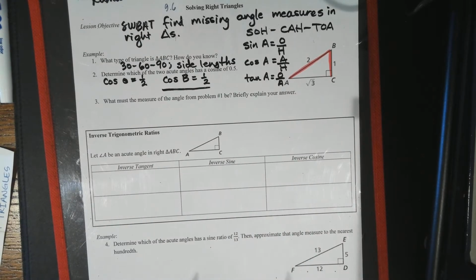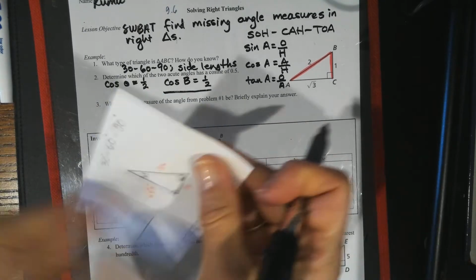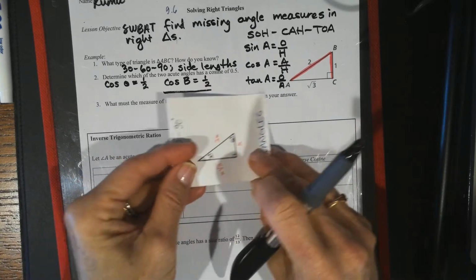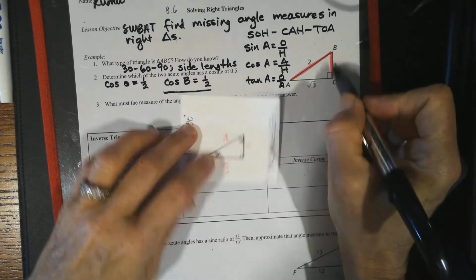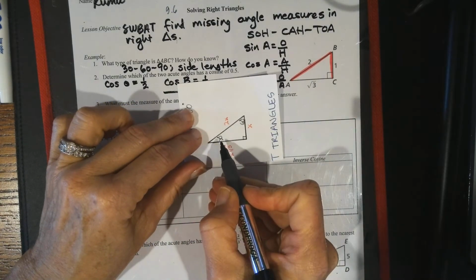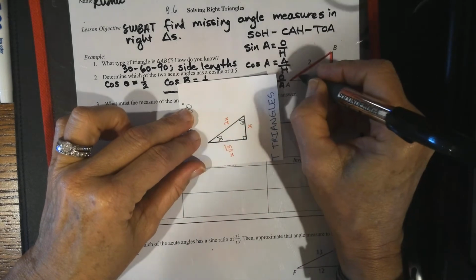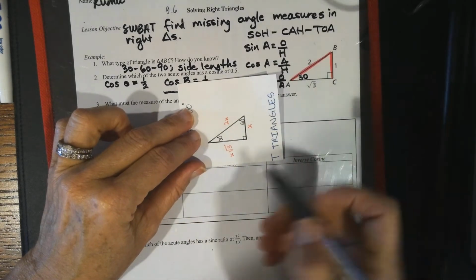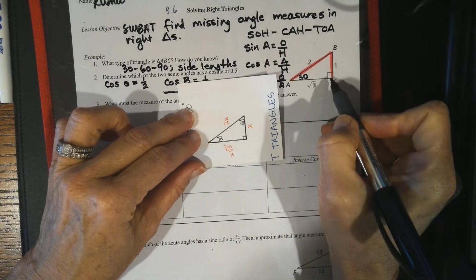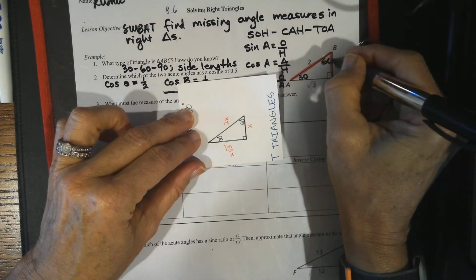Any questions? Now, here's the thing. What has to be this angle? I'm going to grab my card again. I know that the shortest side is always across from the smallest angle. So this is 30, and if that's 30 and that's 90, this has to be 60.